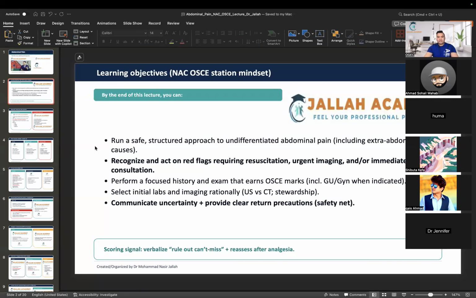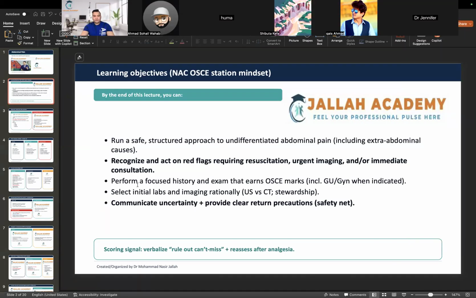By the end of this lecture, you should be able to run a safe, structured approach to undifferentiated abdominal pain, including extra-abdominal causes; recognize and act on red flags requiring resuscitation, urgent imaging, and/or immediate consultation; perform a focused history and exam that earns OSCE marks, including the GU and gynae when indicated; select initial labs and imaging rationally, ultrasound versus CT scan; and communicate uncertainty, plus provide clear return precautions and a safety net.